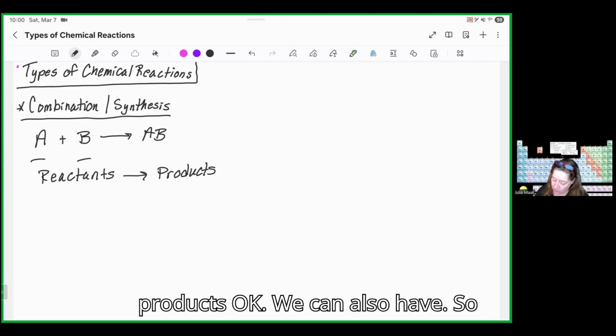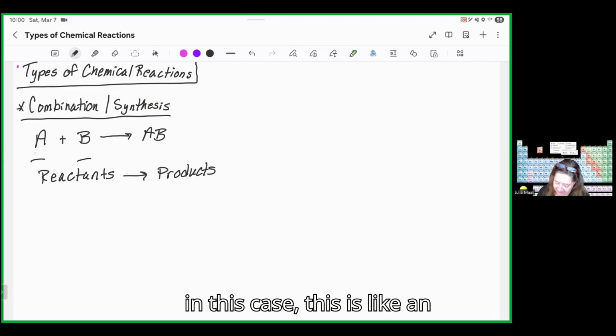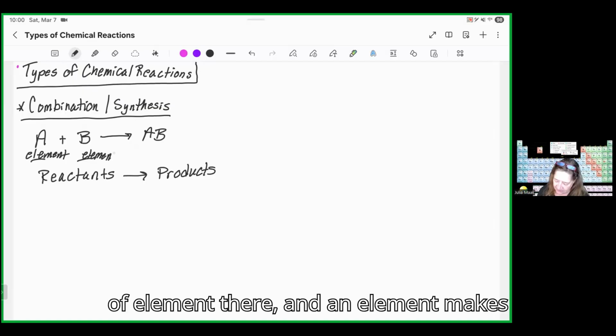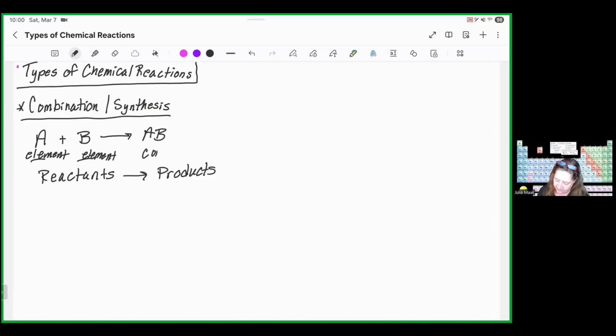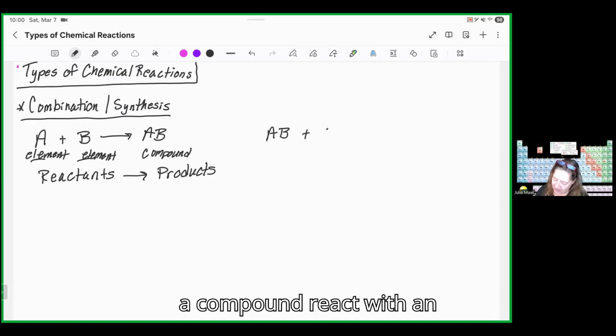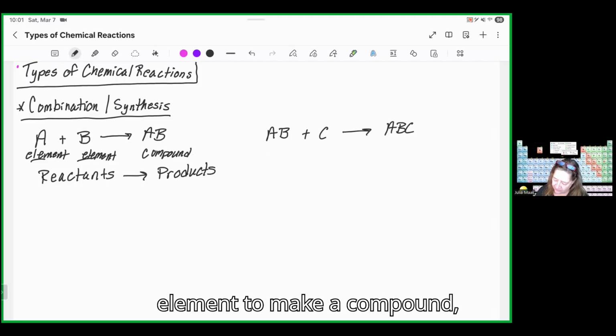We could also have, in this case, just one type of element there, and an element makes a compound. We could also have a compound react with an element to make a compound.